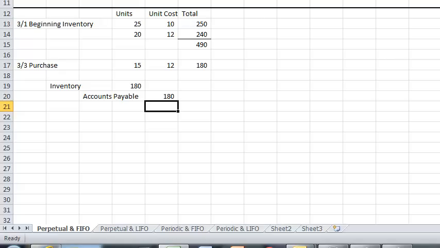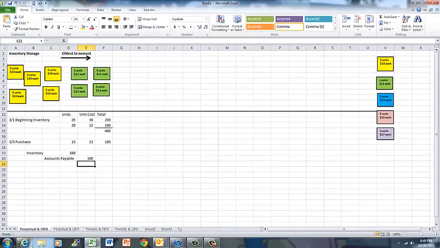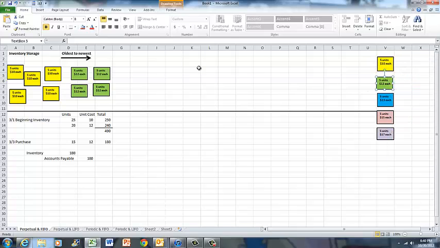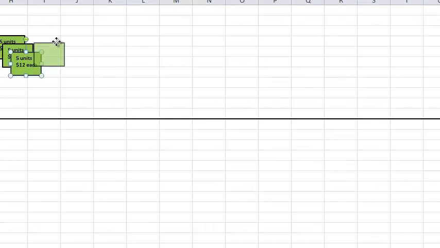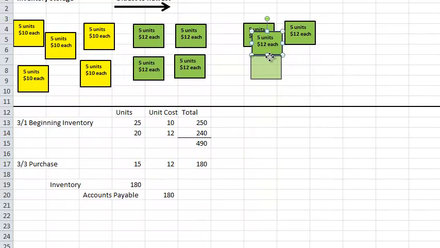Very easy. So you're going to notice that when we purchase the inventory, we now have another layer, another 15 units that cost $12 each.